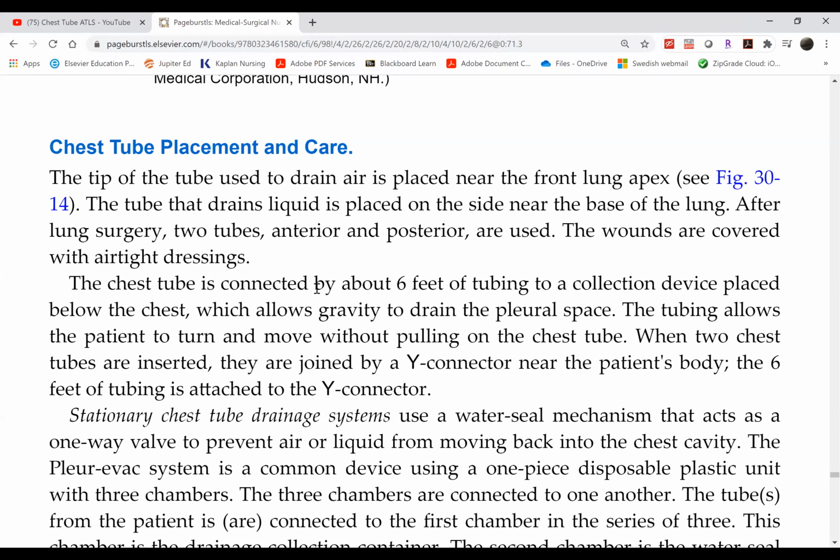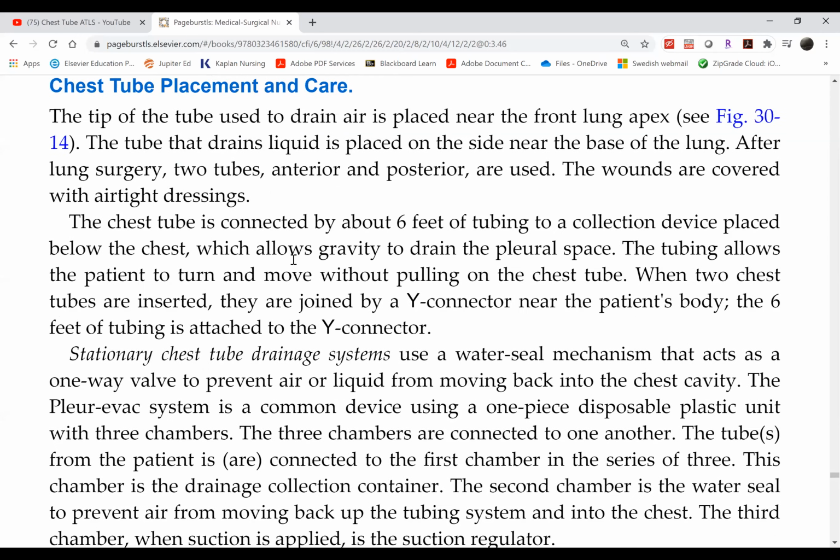So they can be disconnected from suction. In that case, we're just draining air and liquid via gravity because it's still possible. But whenever they're in bed in their room, it must be connected to suction because they're not moving. So it will facilitate the drainage when connected to suction. I mentioned that it's 6 feet. You cannot cut this. It's standard 6 feet.